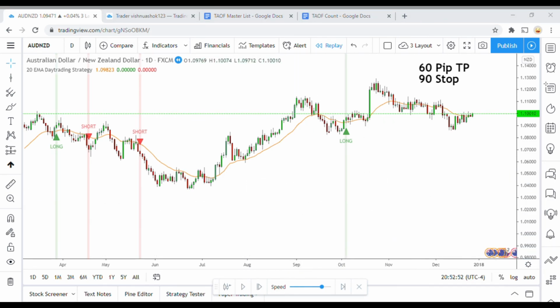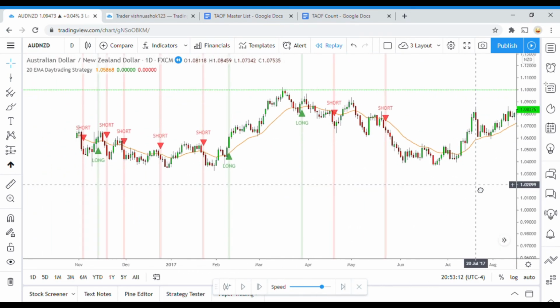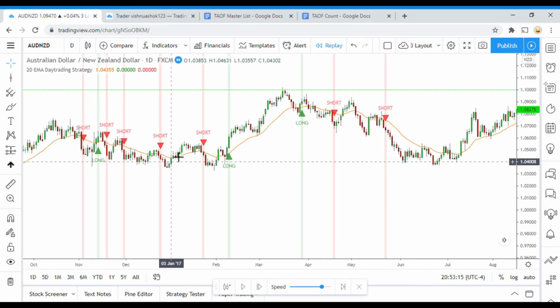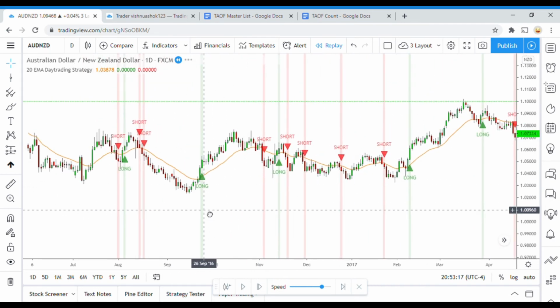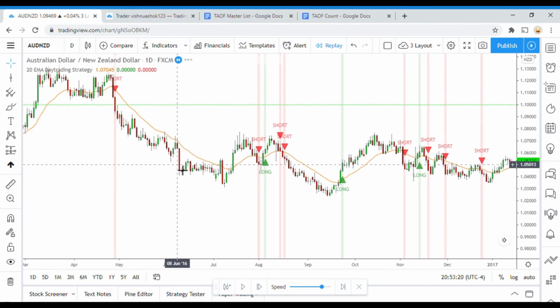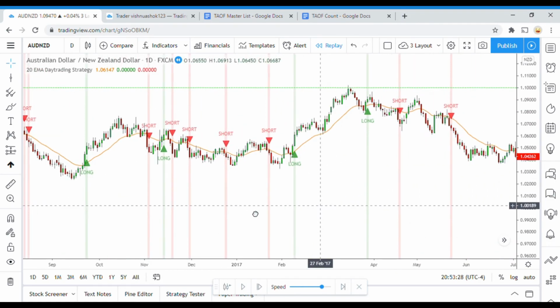Now, strangely enough, I don't believe that this is solely a price action break strategy, because it does appear that there are moments where price action breaks the moving average and it does not give a signal.